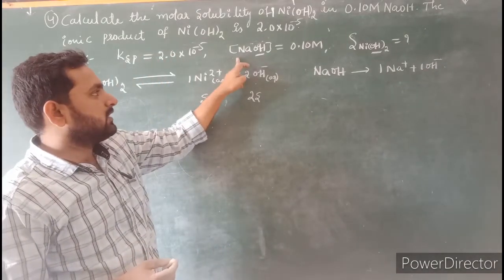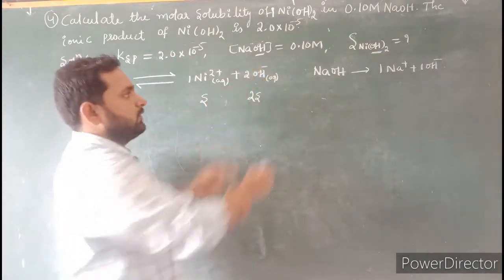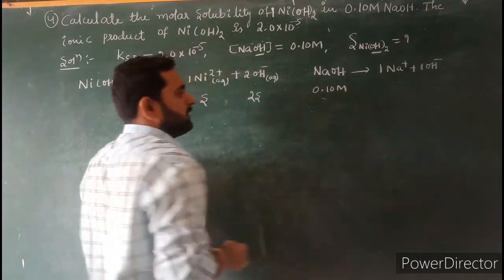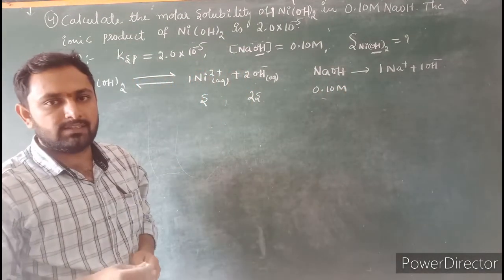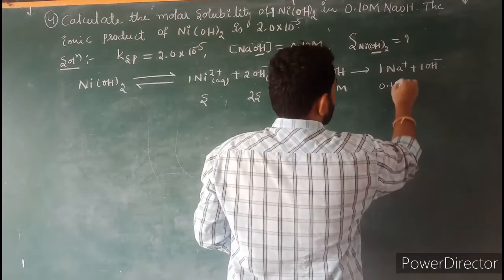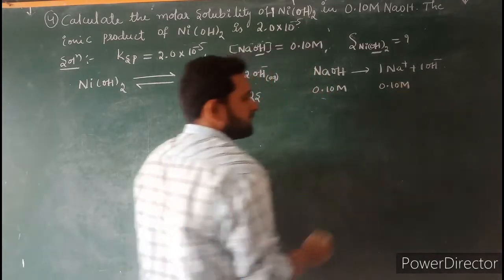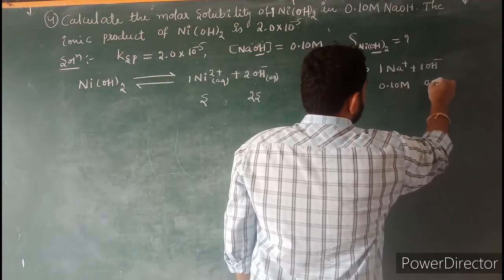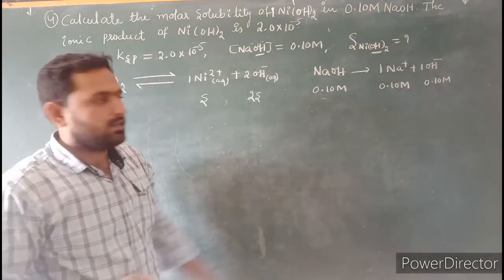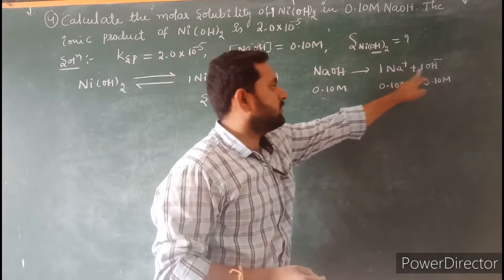Here, the molar concentration of sodium hydroxide is equal to 0.10 molarity. When 0.10 molarity of sodium hydroxide is dissociated, it gives 0.10 molarity of Na+ ions and 0.10 molarity of OH- ions, because the ratio is 1:1.